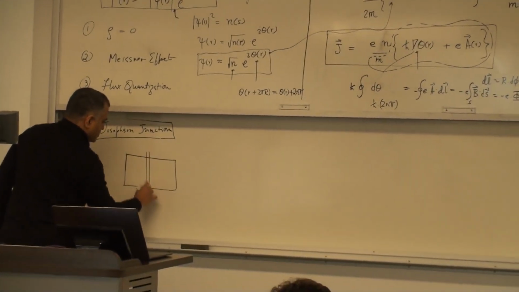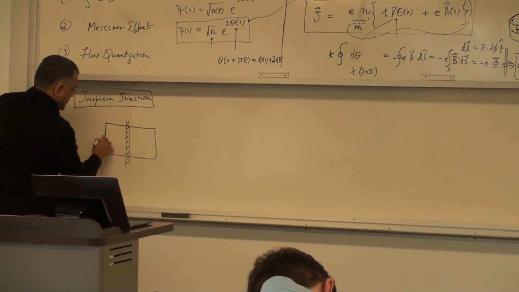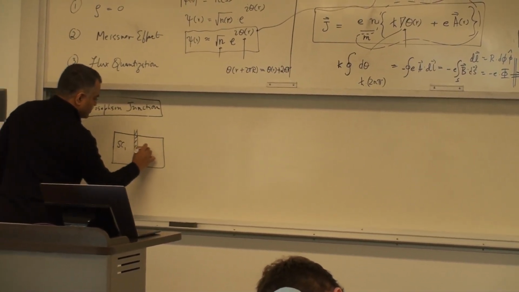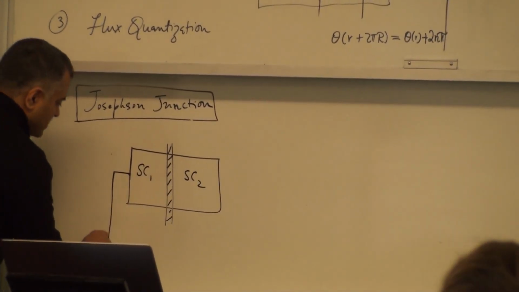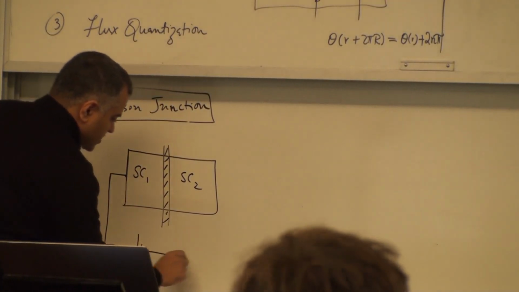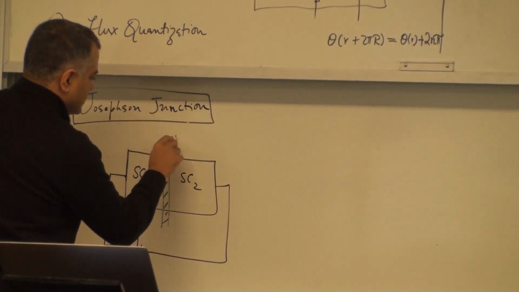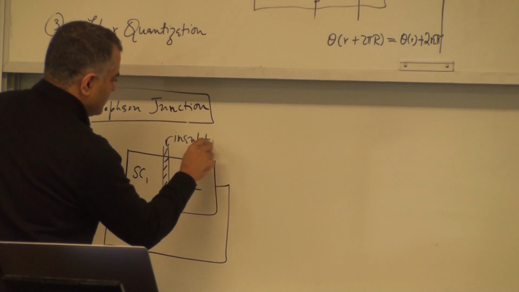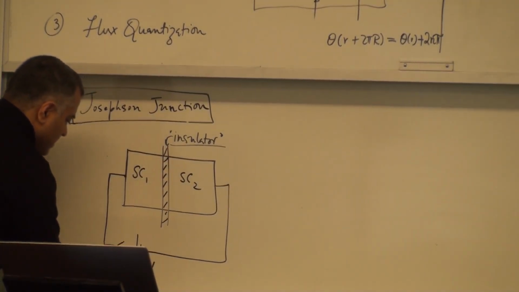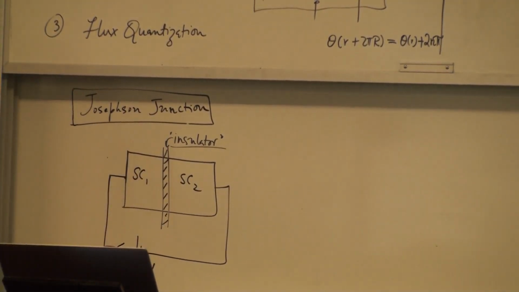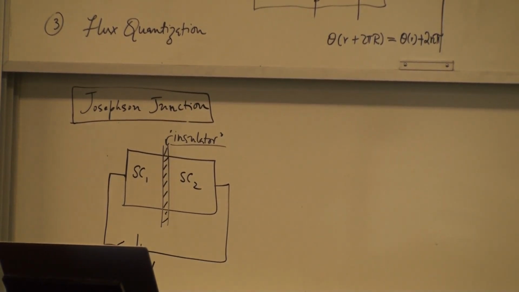But here's the crux of the matter now. If you have the insulator, and I take two superconductors, 1 and 2, and now I'm applying a voltage across it, just like Giaever's experiment again, and this is the insulator. We want to find out how the current that will flow depends on the voltage here. Let me write it down first because it's actually a very interesting result.